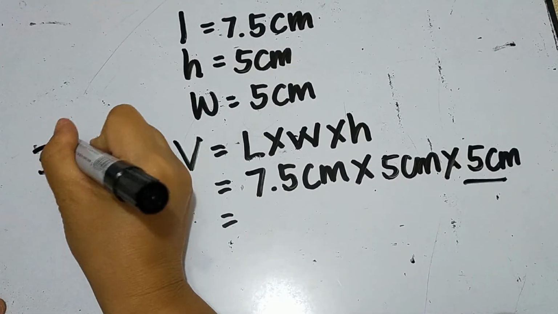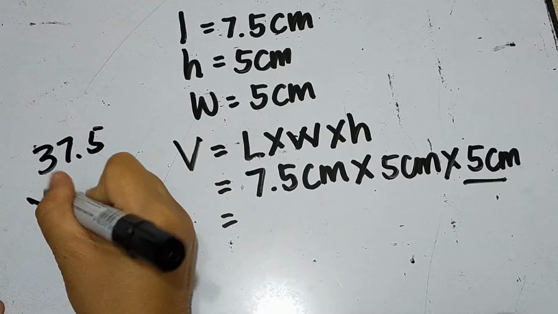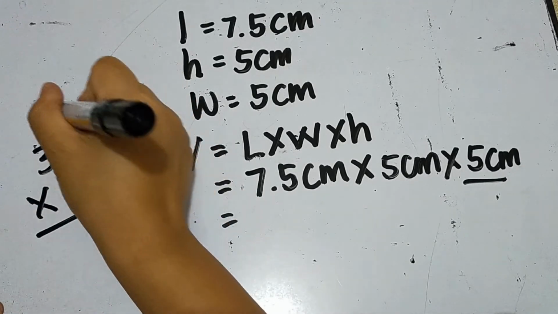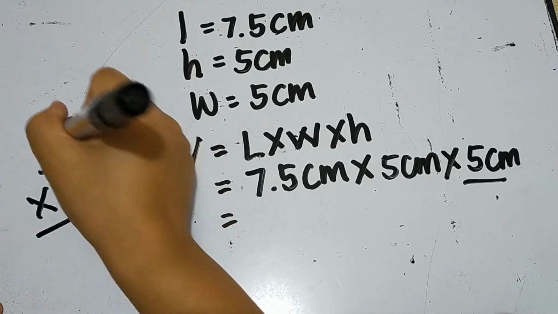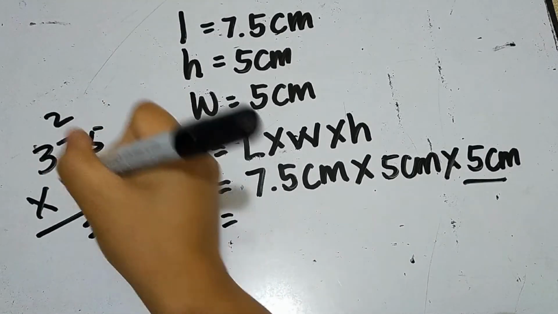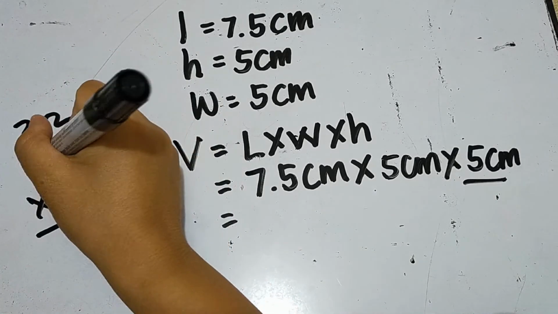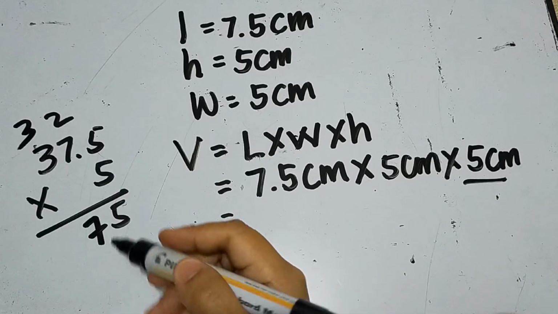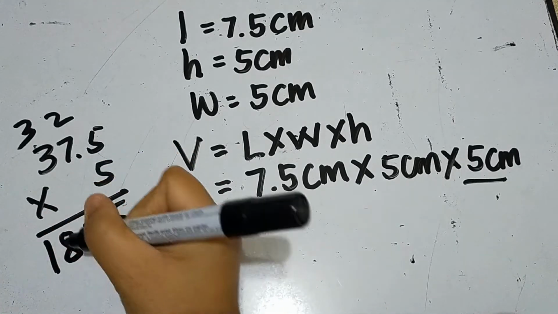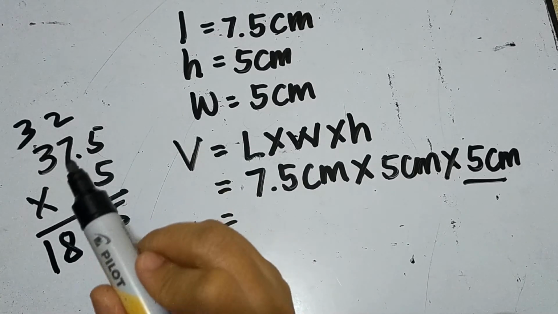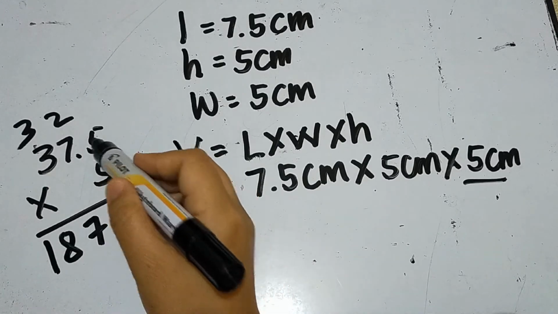So, 37.5 times 5. So, 5 times 5 is 25. 5 times 7 is 35 plus 2, 37. 5 times 3 is 15 plus 3 is 18. And then, sa paglalagay ng decimal point, count the number of digits to the right of the decimal point. So, 1.